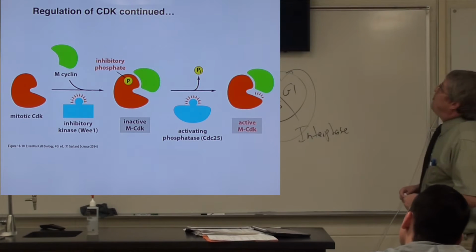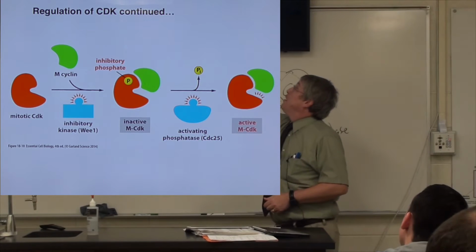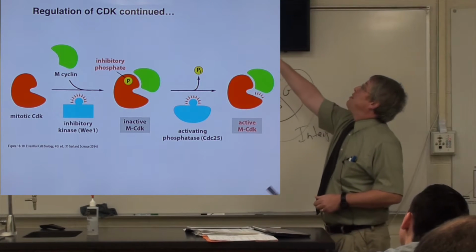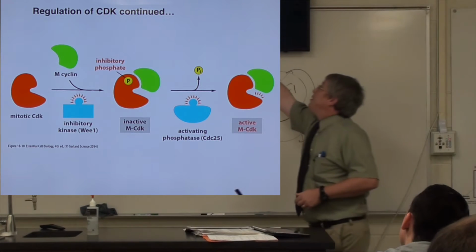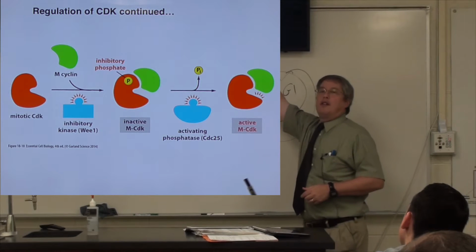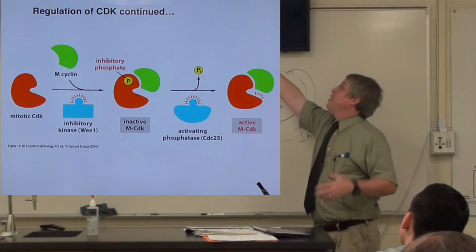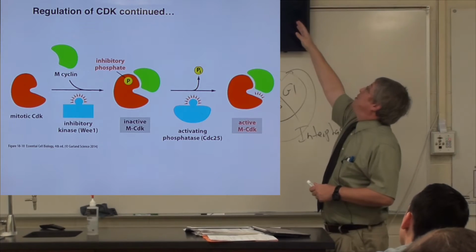The way that phosphate gets put on is by this kinase called the Wee1 kinase. So that puts on the phosphate, which inhibits the CDK. And then this phosphatase, the CDC25 phosphatase, and CDC25 I think is from Nurse's CDC scheme, is what takes off the phosphate. And then the cyclin's attached.